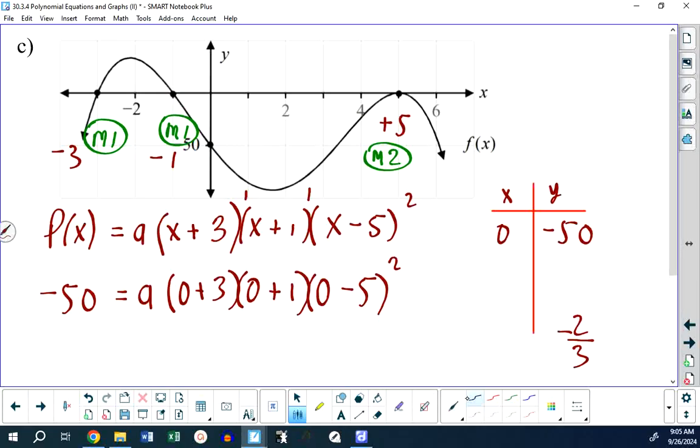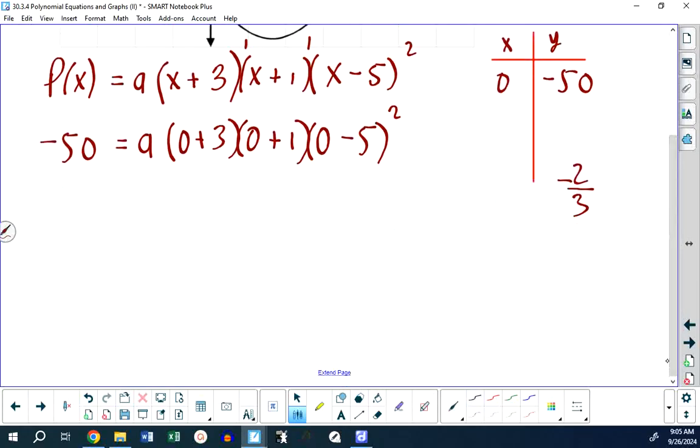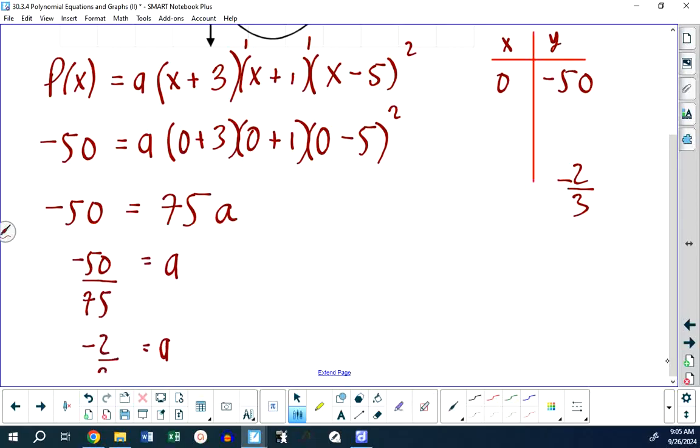So what we're going to get over here is negative 50 equals 75a, because when you multiply out those numbers, you'll get 75. And that means a is negative 50 over 75, which is negative 2/3.